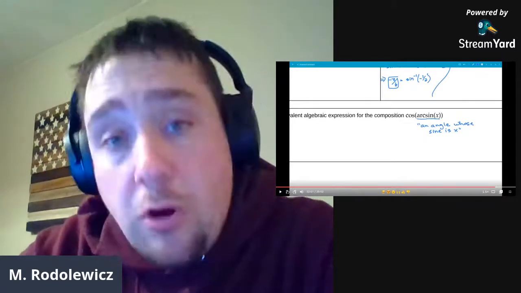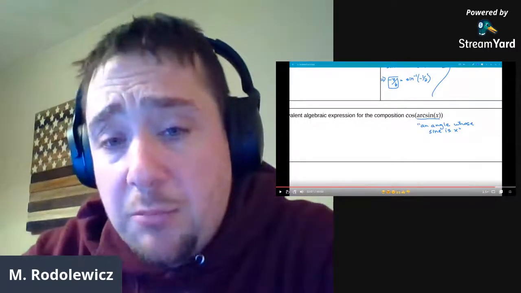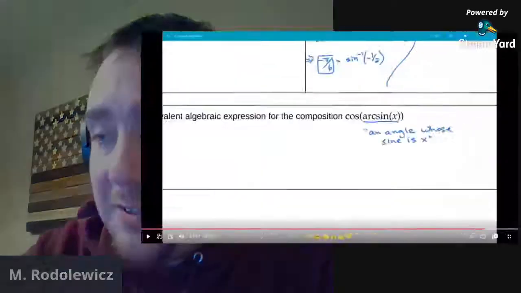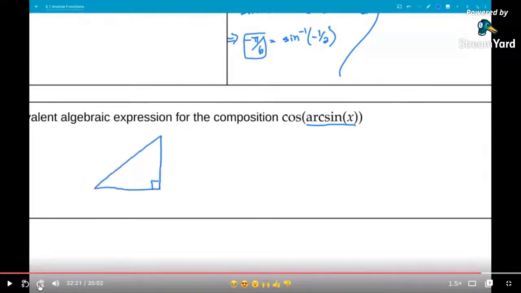But let's draw a diagram. Let's draw a diagram of an angle whose sine is x. What kind of diagram should we draw here? It's not obvious, but we'll draw a right triangle. So you start by drawing a right triangle. We need an angle, and now we need to have this model, the sine of theta being x.